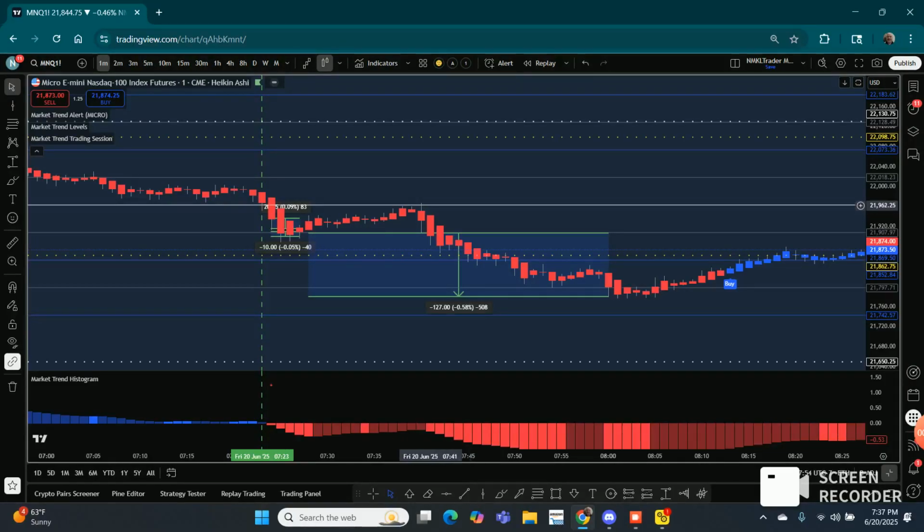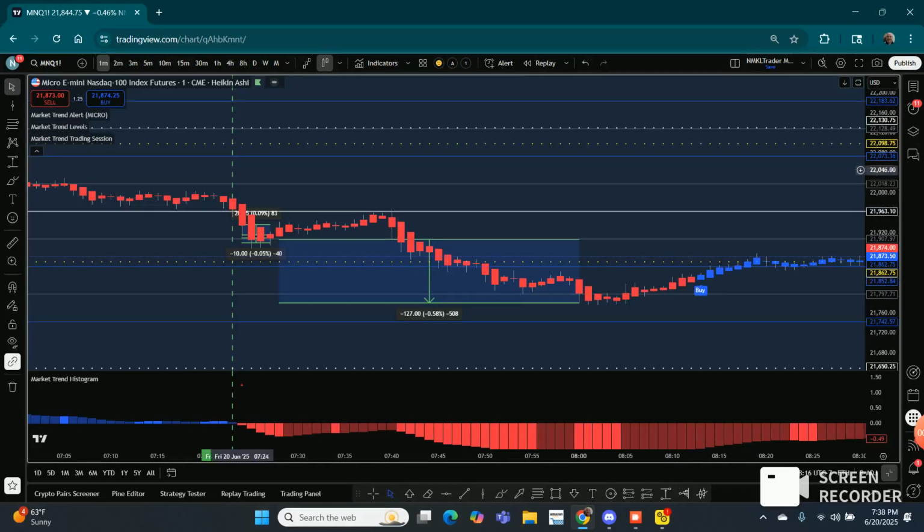I would have used this as my get out point if it broke through and started up this way, because this is the open of the entire day. Okay, that is a good resistance area. So price came back here and then it went down, and you can see that that was a nice little trade there. All right, so basically this is a winner.